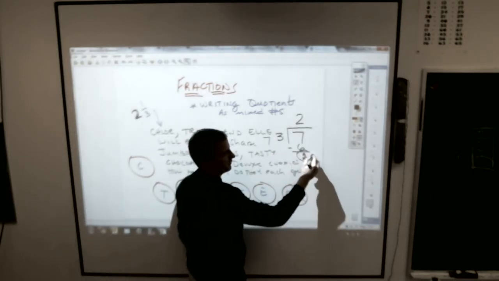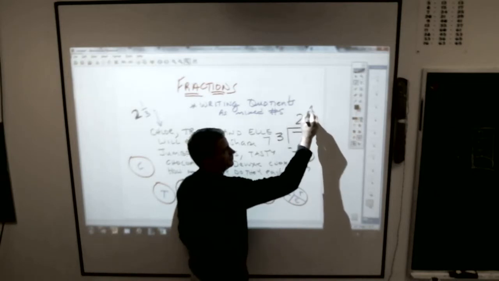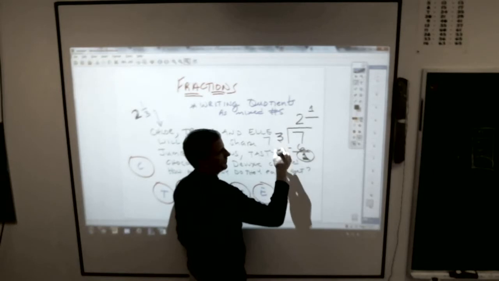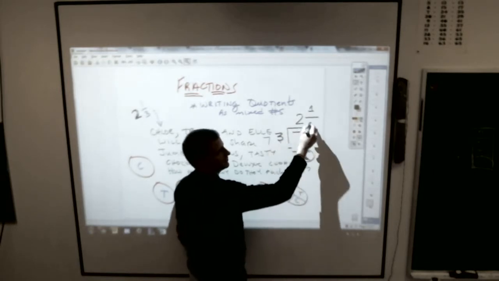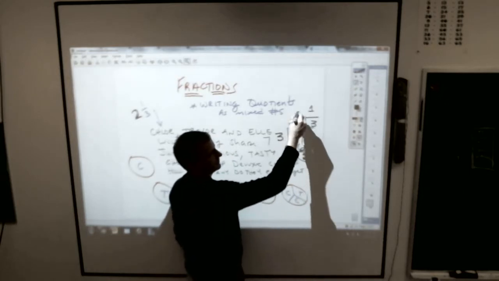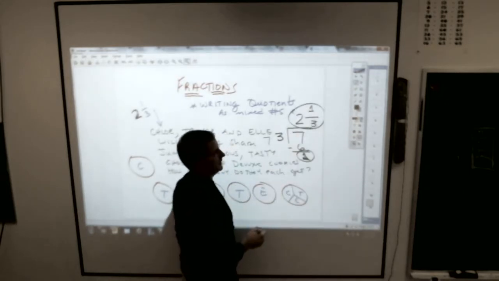The thing we used to call the remainder is now going to be the numerator of the fraction, and the divisor, the number of groups we're splitting it into, is going to be the bottom of the fraction, or the denominator.